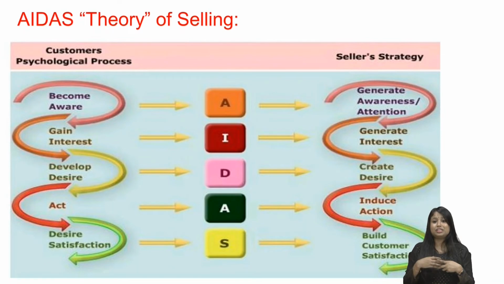Then how can we generate the interest? Like I already took that example, Lakme foundation. How can we create interest? We will say we have 4 different products in that foundation, we have 4 different colors. So as per your skin tone, you can purchase a product. So in that way we can generate interest, right?